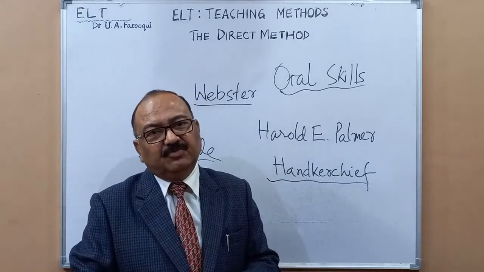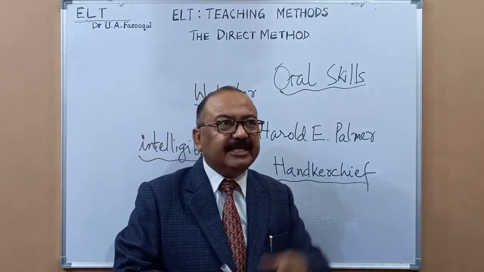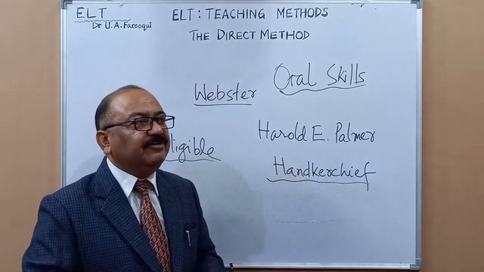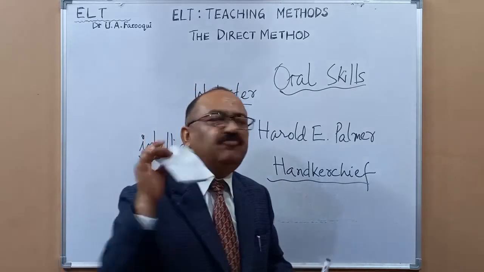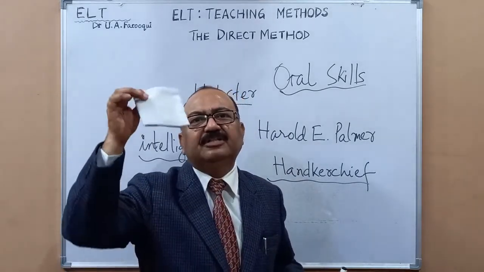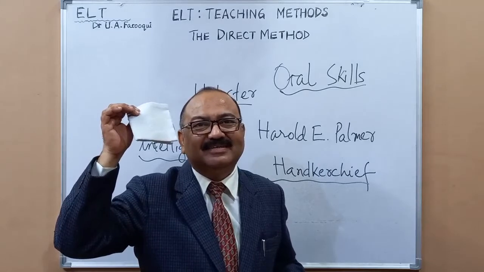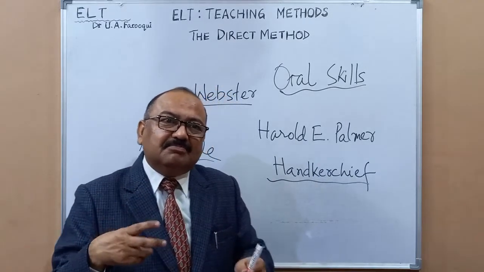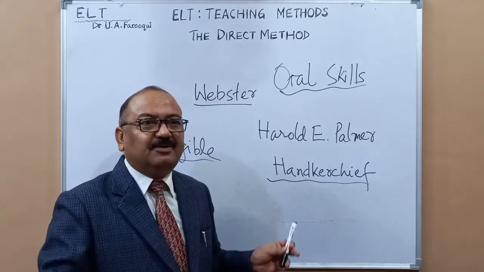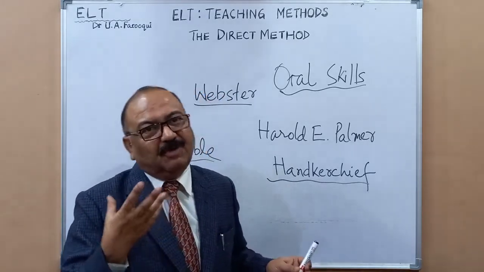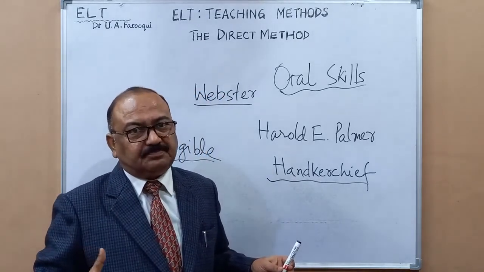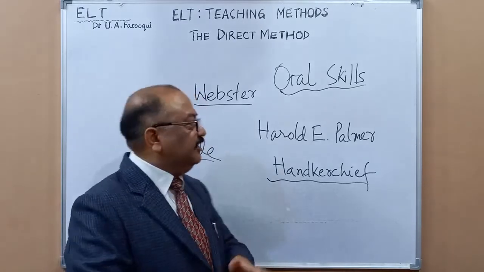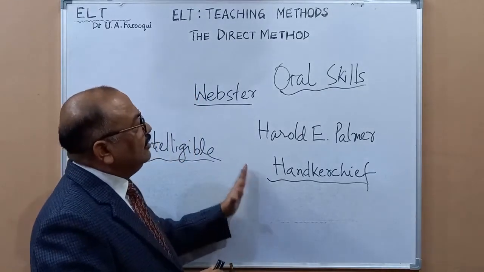Like if I say handkerchief, they would spontaneously have the image in their mind. Okay, so the objects that they see around, they stand for words of the foreign language. Is that fine? If they see the board, they would say, well, this is whiteboard.